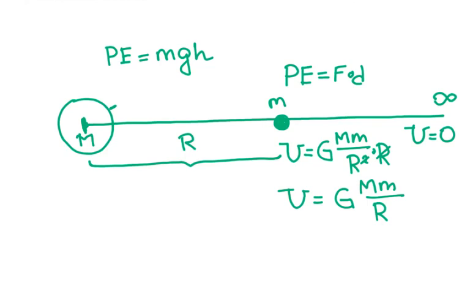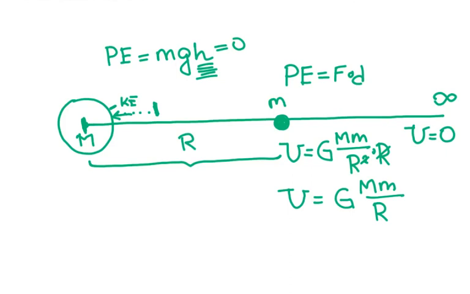If h is close to zero, then the potential energy is also equal to zero. The farther and farther away I take the object, the more of this energy is turned to kinetic energy, and the work is done.